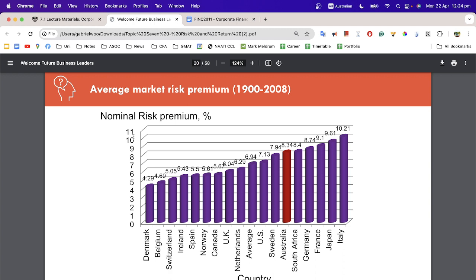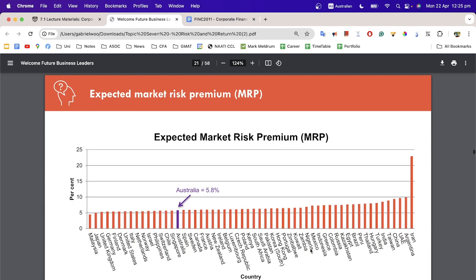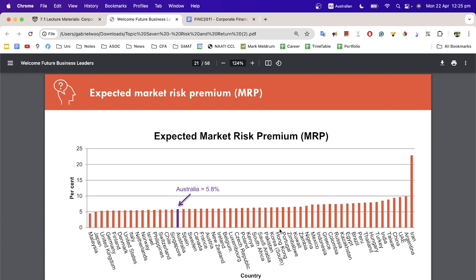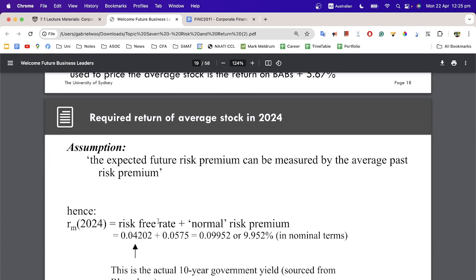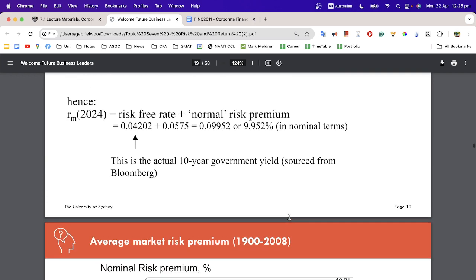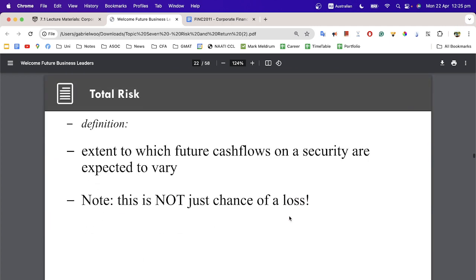Here we can see the risk premium in excess of the risk-free rate attributed to each of these countries, and here we can see the expected market risk premium. This is the additional component on top of the risk-free rate to compensate investors for the additional risk taken when investing in equities.